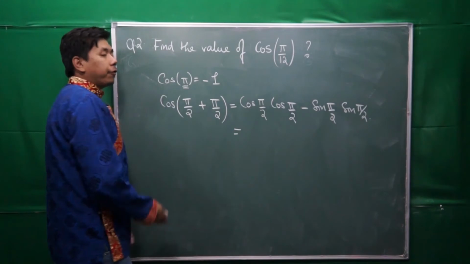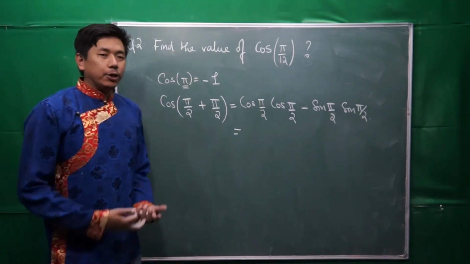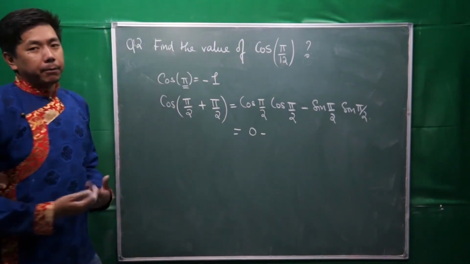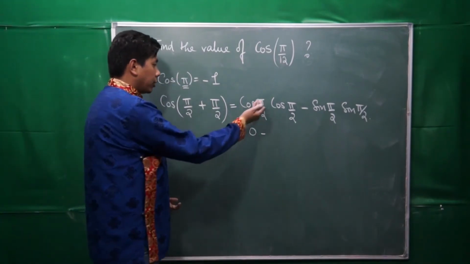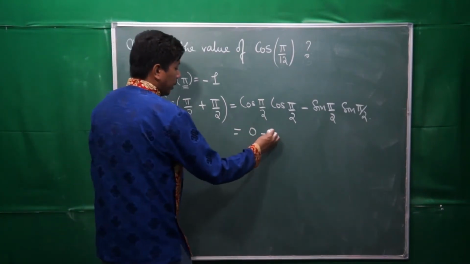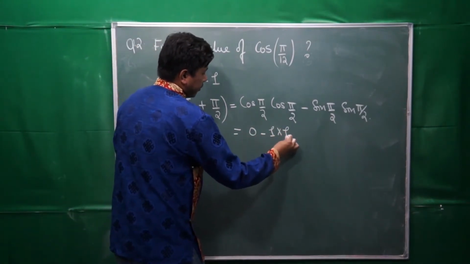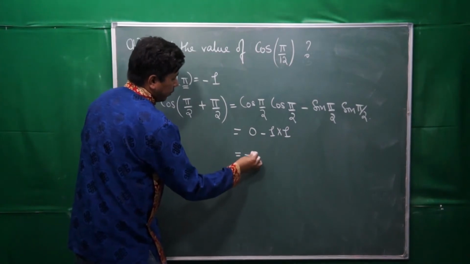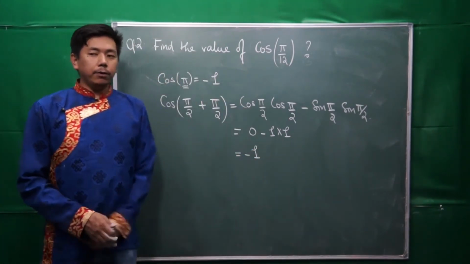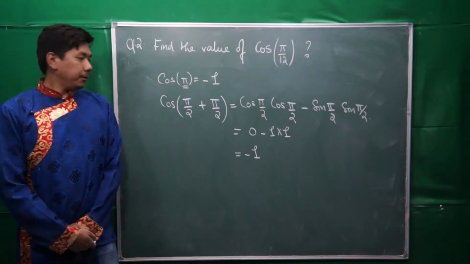So what is the value of cos pi? cos 90 is always 0, minus... what about sine pi by 2? Sorry, cos pi by 2 is 0. So what about sine pi by 2? It's going to be 1 into 1, which is equal to minus 1. So you can easily find the value in this way. Clear? Okay.